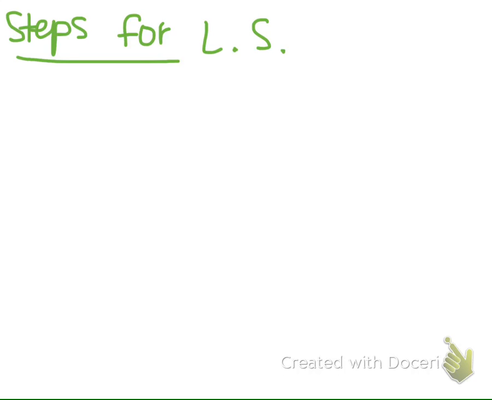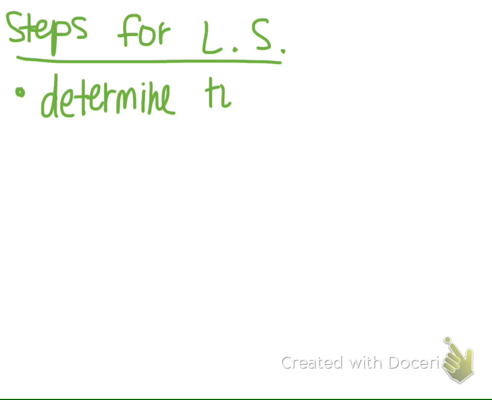Okay, so these are kind of our steps for our Lewis structures. I'm just going to abbreviate LS, Lewis structures. The first thing that we do is determine the total number of valence electrons for the molecule.